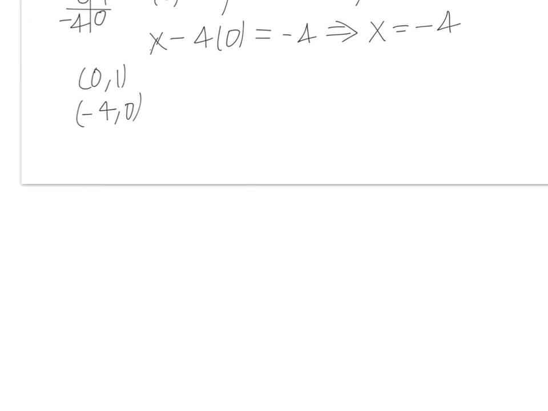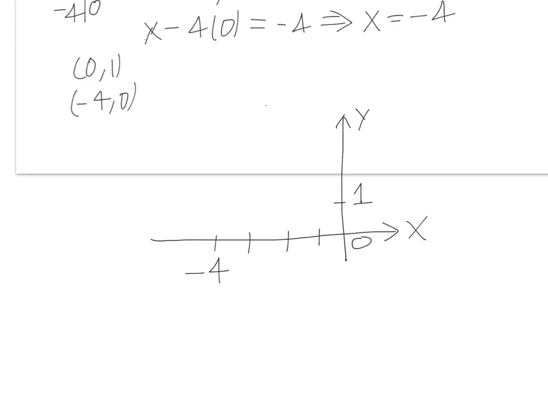I will graph the ordered pairs. Here I have the graph ready for (0, 1) and (negative 4, 0). Once again, I will connect the dots. And voila, we have the graph of the equation in standard form.